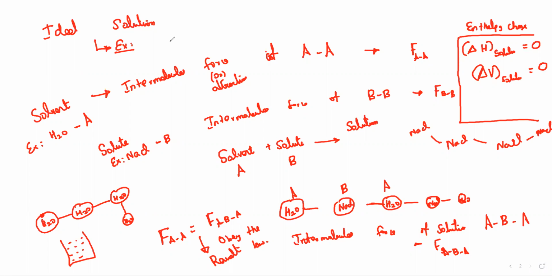So for an ideal solution, if we mix n-hexane and n-heptane, after methane, ethane, propane, butane, pentane comes hexane.